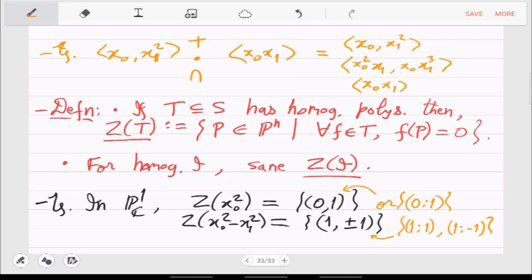Okay. So you can take x0, x1 equal except 0 value, or you can take them opposite sign except the 0 value. Okay, so there are 2 points in the projective line that satisfy this. So there is a subtle thing that happens. There is a difference between affine Z and projective Z. But I hope this is natural, given the homogeneous nature of the system.